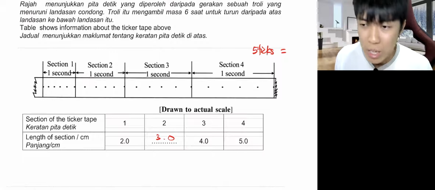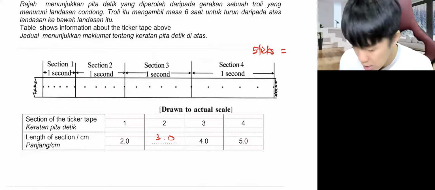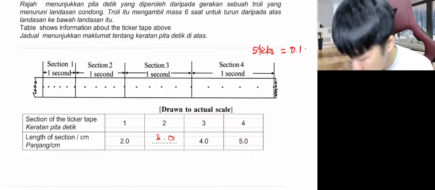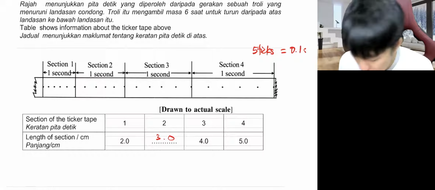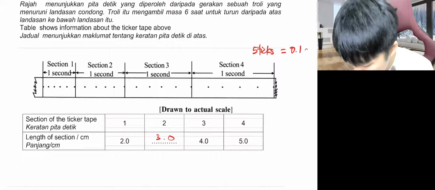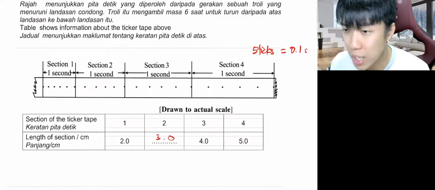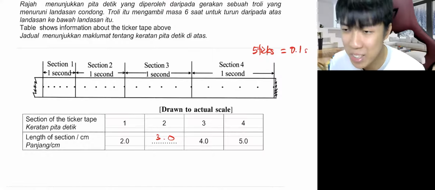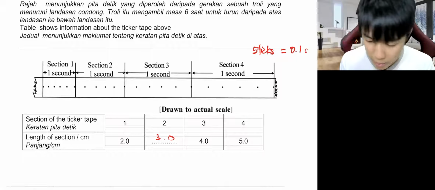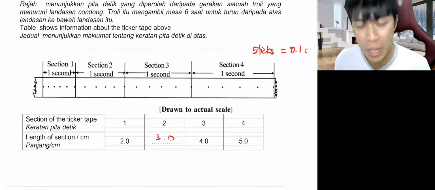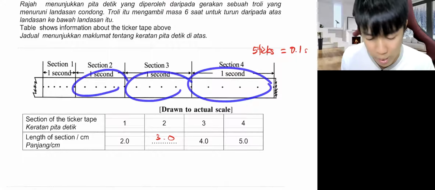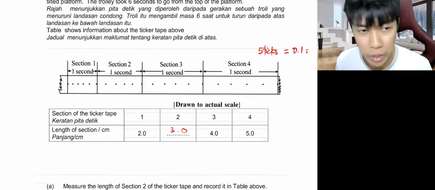Do you remember that? So 5 ticks is 0.1 second. So 0.1 second for each strip. Ignore the 1 second, it's okay for now.